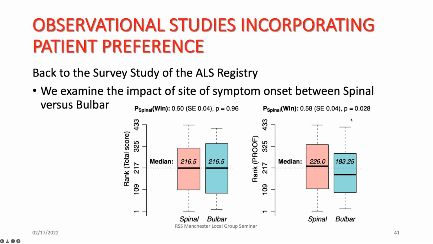And the difference was significant, 0.028. This gives us comfort that this variable may reflect something important to the patients and indirectly observed from epidemiology data, but missed in the aggregated average score.